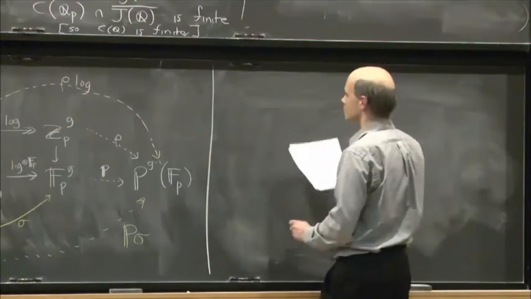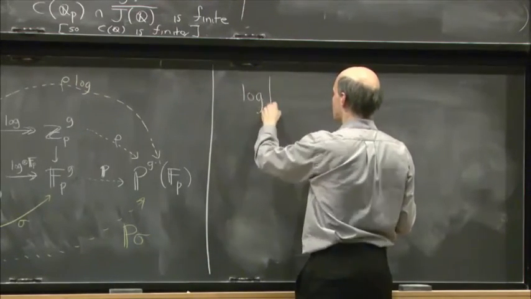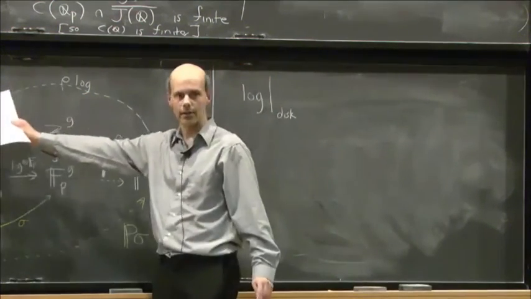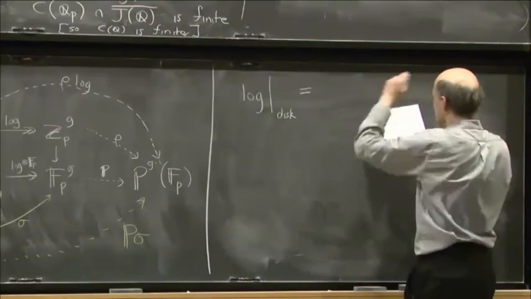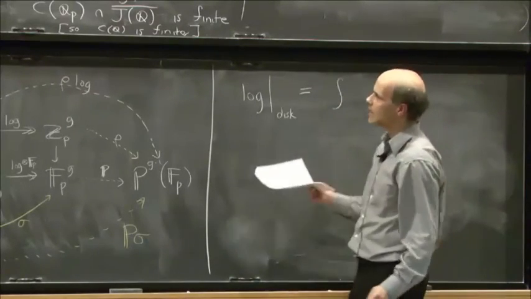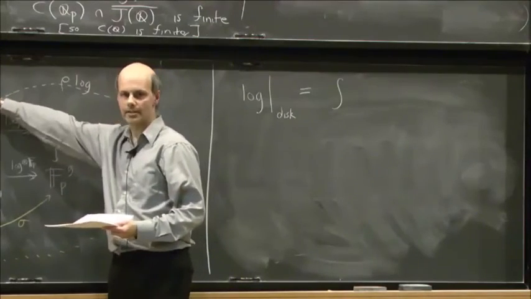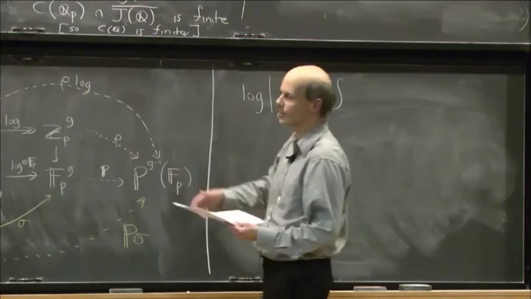So what does this rho log map look like on each disk? Let's first look at the log map, restricting it to one of the disks on the curve. The way the log was defined was by integrating one forms on the Jacobian. If you want to restrict that to a piece of the curve, you can just pull back the one forms and integrate them on the curve.